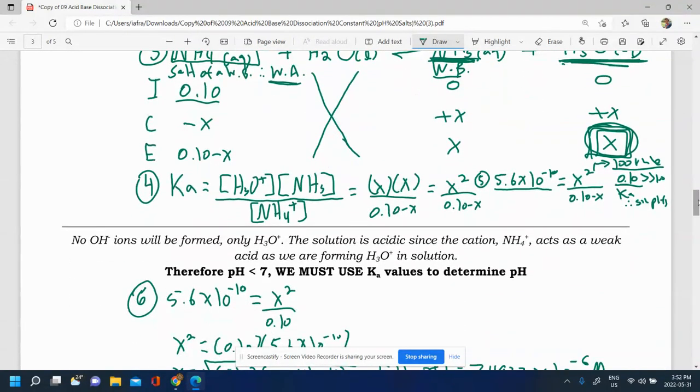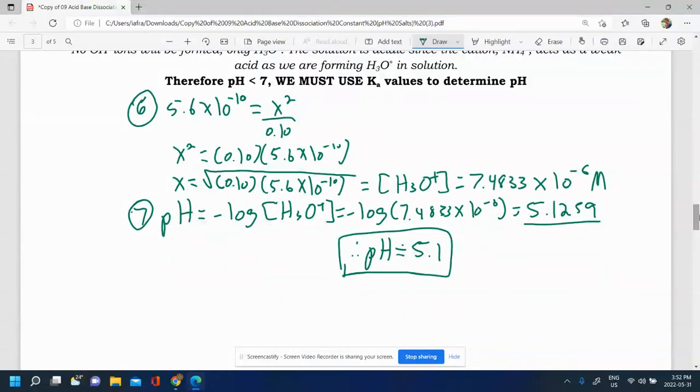So we use those values and the Ka of NH4 plus to find the x, which ends up being our H3O plus. And then we can do our negative log of the H3O plus to get the final pH over here, rounded to 2 sig figs. And this makes sense because the pH is less than 7 since we had a salt of a weak base which acts as a weak acid.